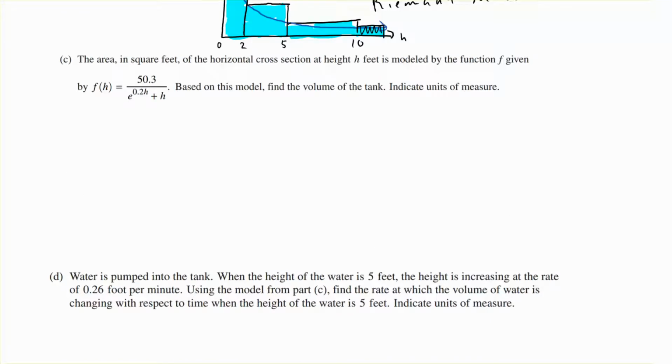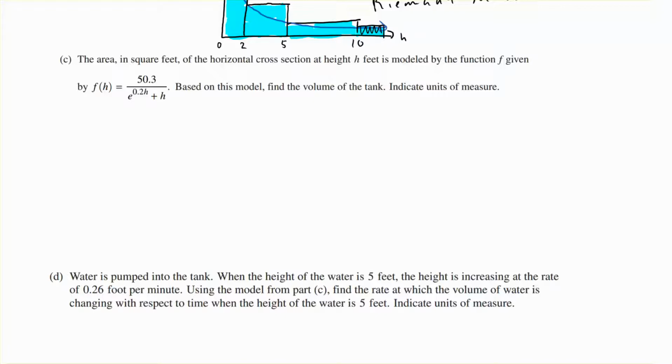Question C asks, the area in square feet of the horizontal cross-section at height h feet is modeled by the function f given by f of h equals 50.3 over e to the 0.2 h plus h. Based on this model, find the volume of the tank, indicate units of measure.